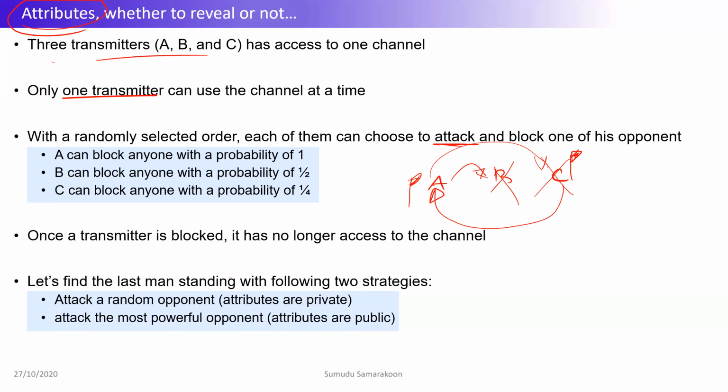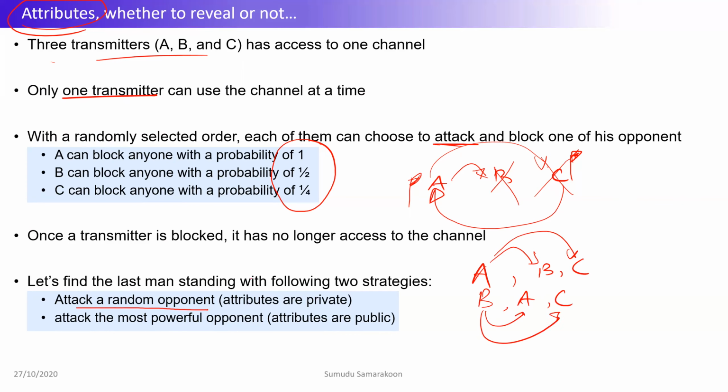First one: when these attributes, these strengths, are unknown, what everybody naturally does is attack a random opponent. So in this case, if this is the order, A can either pick B or C. If this is the order, B can decide to pick A or C. The second approach we are considering is attacking when these attributes are revealed.